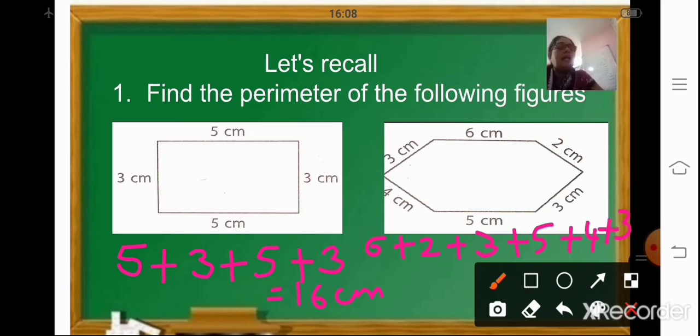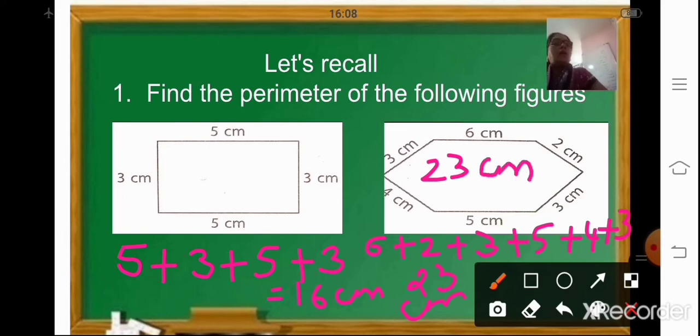So when we add, that will be 6 plus 2 is 8, 8 plus 3 is 11, 11 plus 5 is 16, 16 plus 4 is 20, and 20 plus 3, that is equal to 23 centimeter. Okay. So the perimeter of this figure is 23 centimeter.